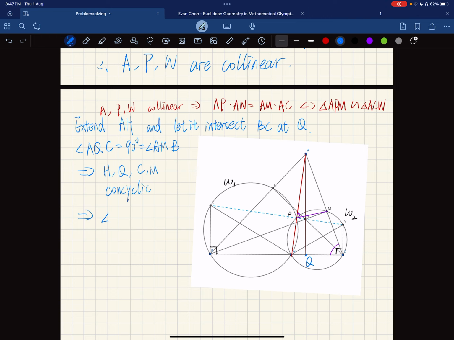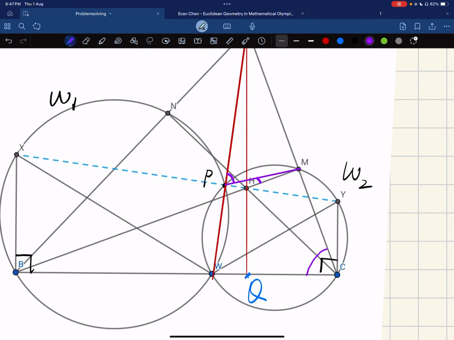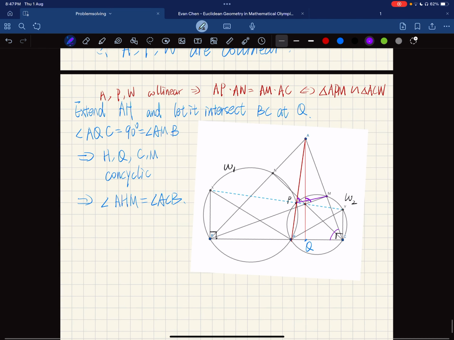And after that, the angle AHM equals angle ACB, right? So we can mark it here and here. As we see, the angles in purple are all the same. So what can we get?